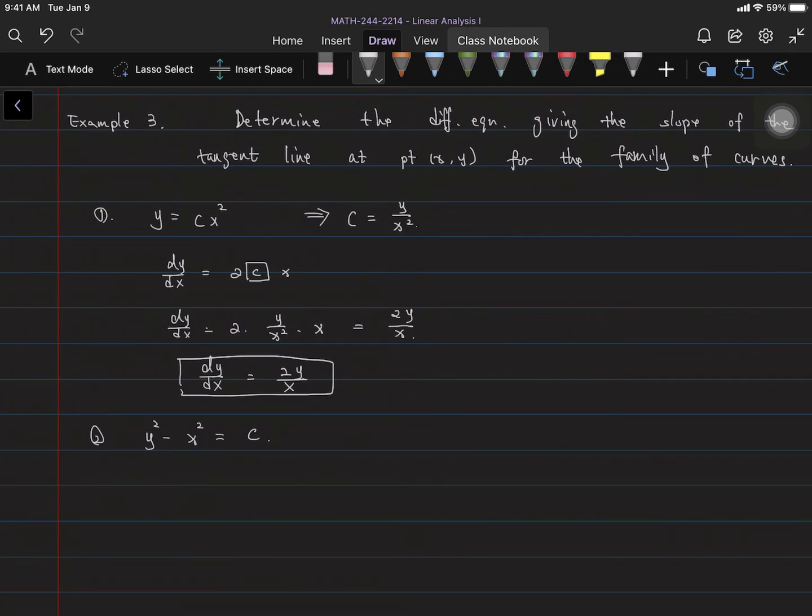For this one, it's just 2y dy/dx, but this one is implicit, and minus 2x equals 0. Solve for dy/dx: dy/dx equals 2x over 2y. Simplify, just x over y. So for this one, the differential equation is dy/dx equals x over y.